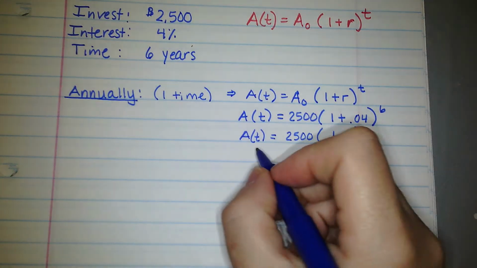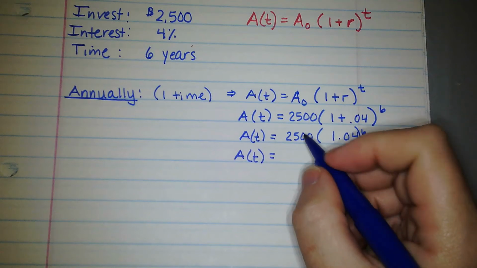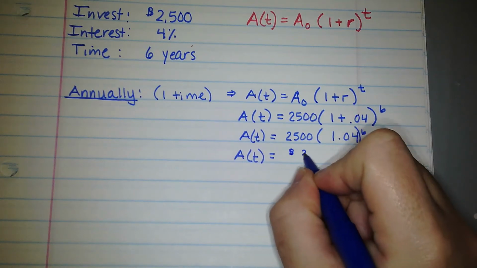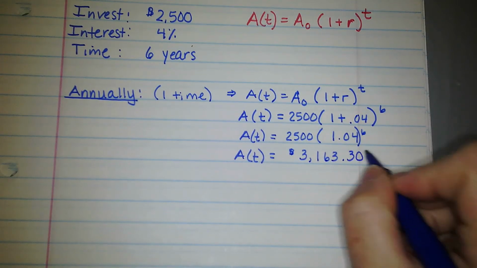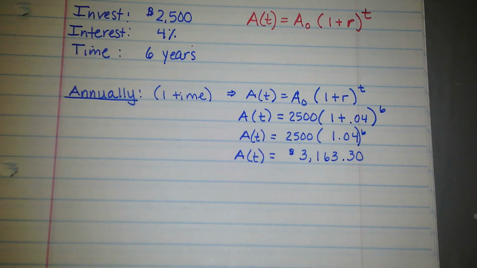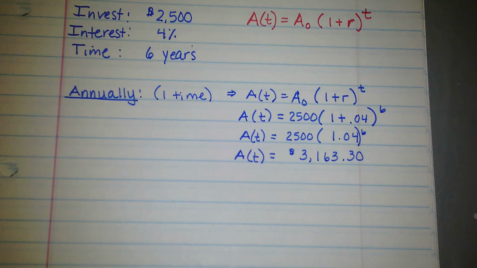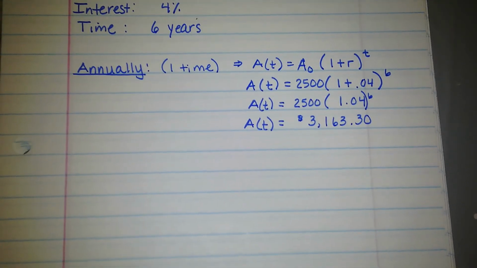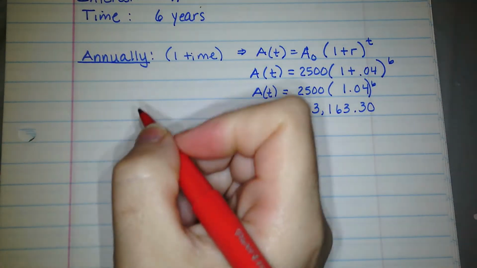And our amount of money after 6 years is going to go from $2,500 to $3,163 and about 30 cents. Okay, so that's what happens when we compound once per year, our interest of 4%. Now, how does this change if we compound it a different amount? So we're going to go through and look at a couple different amounts so that you can understand how to do it. So what I'm going to do is we're going to look at semi-annually.